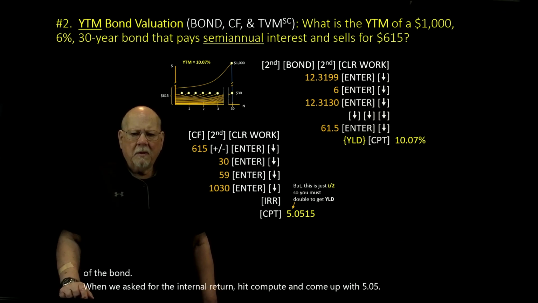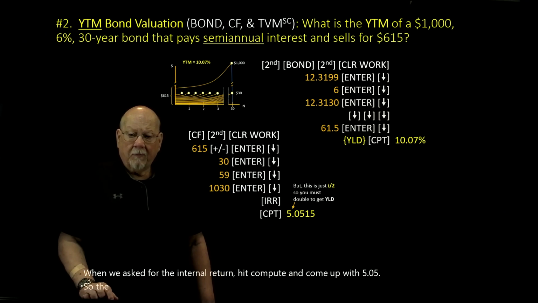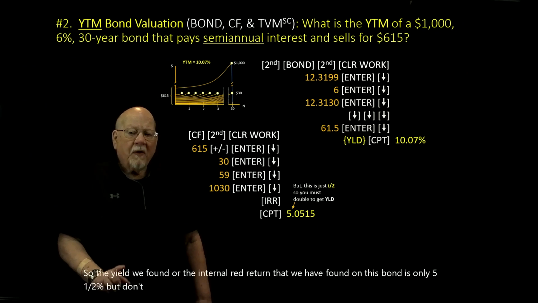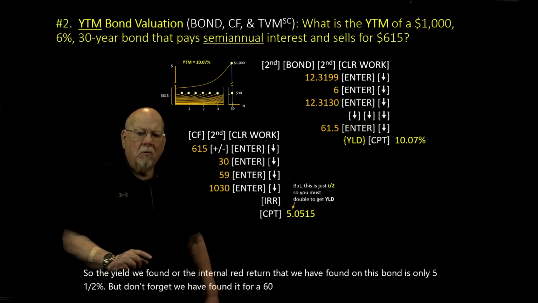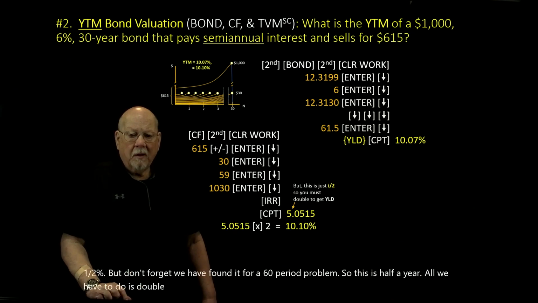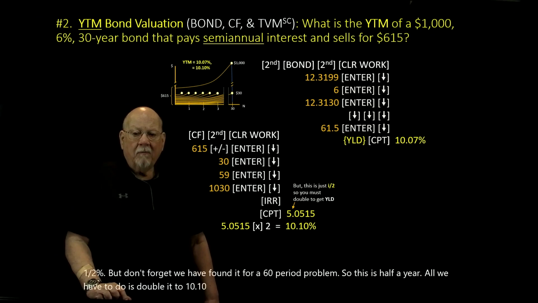So the yield that we found, or the internal rate of return on this bond, is only 5.05%. But don't forget, we have found it for a 60 period problem. So this is half a year. All we have to do is double it to 10.10%, and now we have the bond's yield if we do the cash flow worksheet.